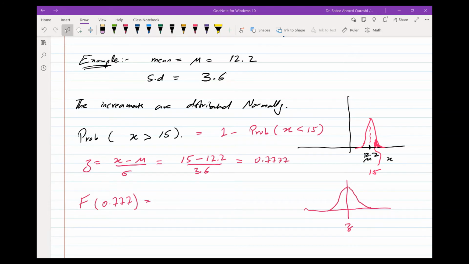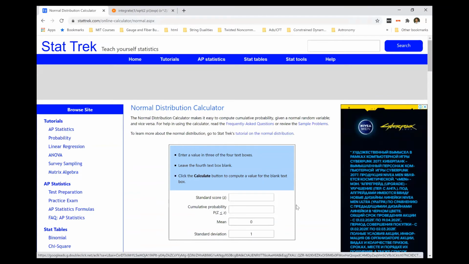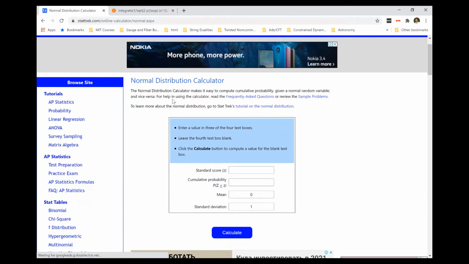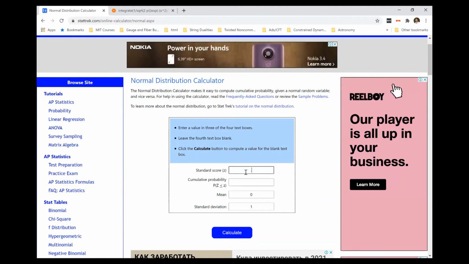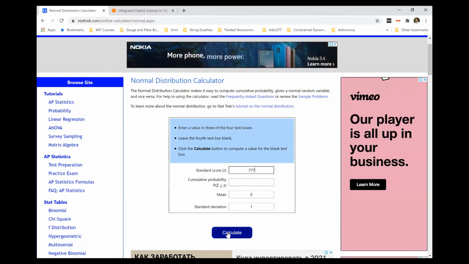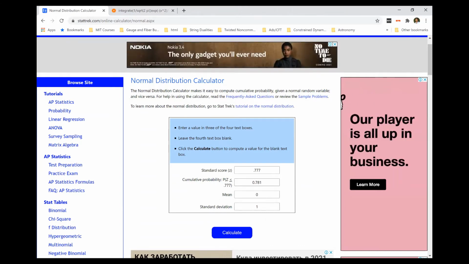Because this is the cumulative normal distribution, if you put in Google normal distribution calculator, you get many websites. For example, this one has a normal distribution calculator. Over here, you put the standard value of Z, and if you calculate, it gives you the cumulative probability, which is 0.781.